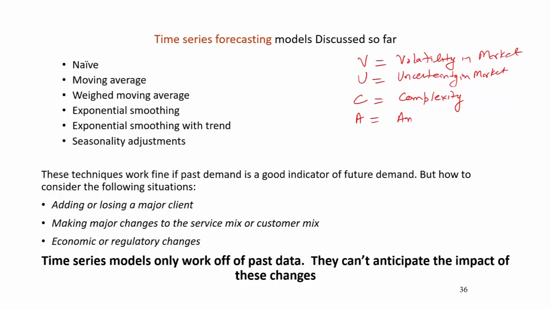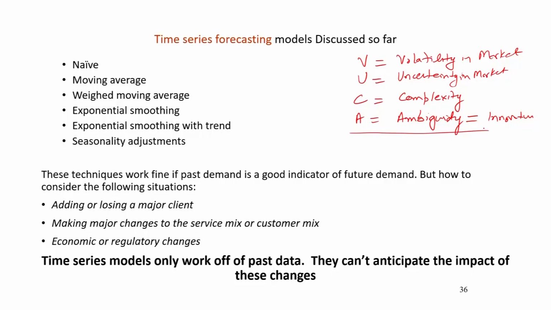Or there may be ambiguity in the customers' mood, the item is new or innovative, and you are not clear, there is a very ambiguous environment, other brands are there, government policies are also changing, are not very clear.